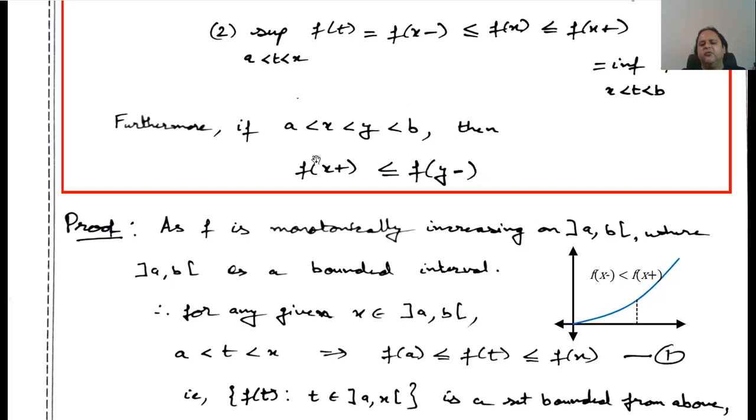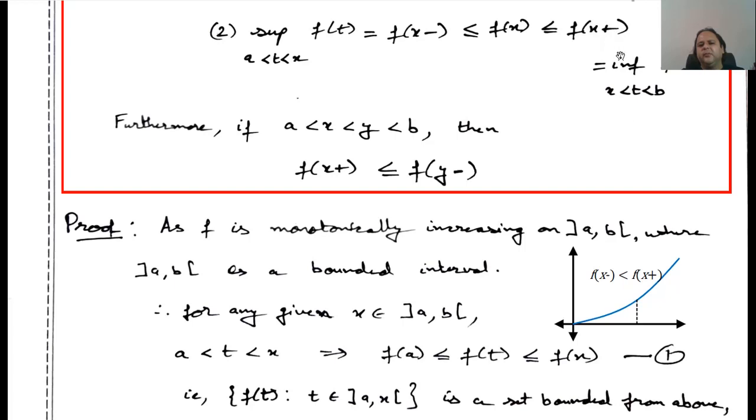With the dummy variable t and x kept fixed for the time being, between a and x, if t varies in this interval to the left of x and we find the supremum, what we get is the left hand limit, f(x-). This is the supremum because it is a monotonically increasing function.